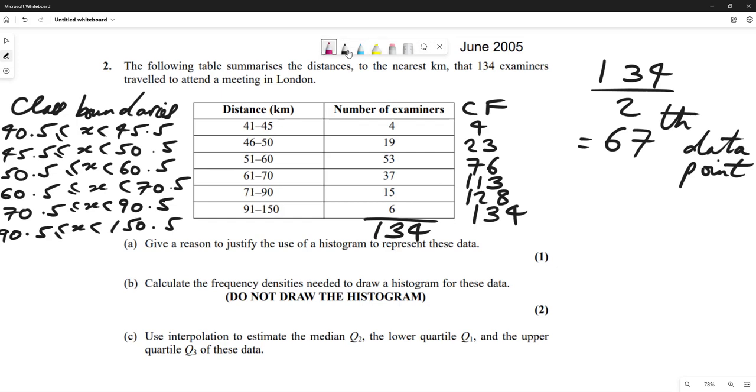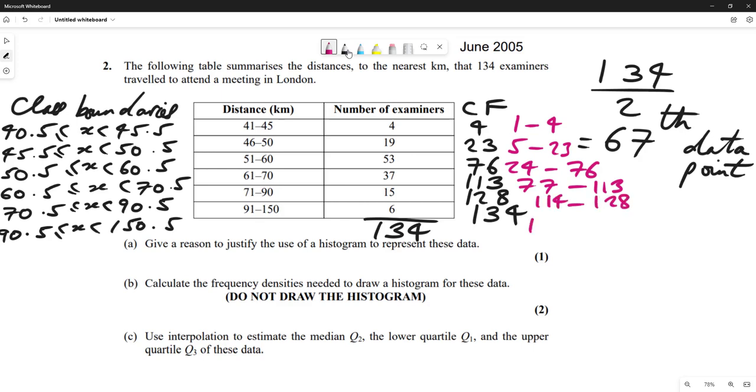Well, this group contains values 1 to 4. This contains values 5 to 23. This group contains values 24 to 76. This group contains 77 to 113. This group contains 114 to 128.